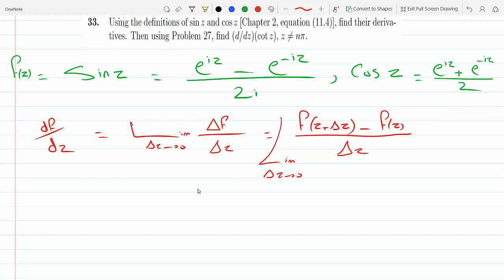Now, what's f of z plus delta z? You replace every z with z plus delta z.